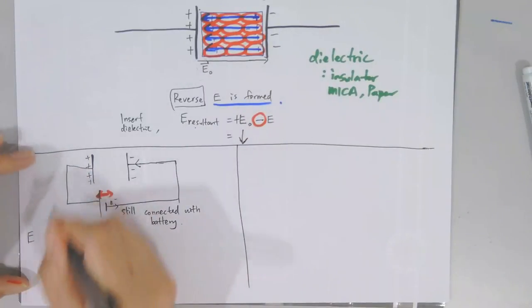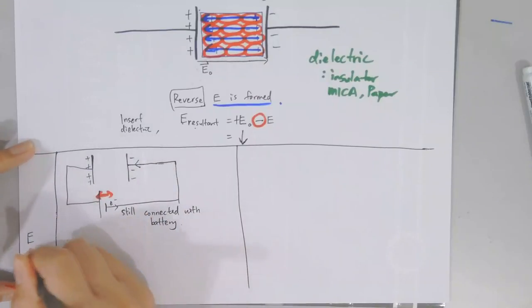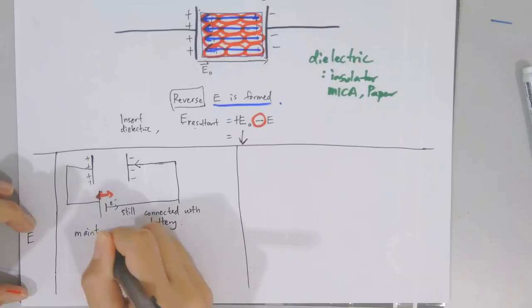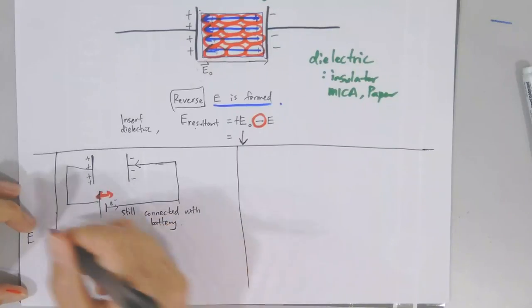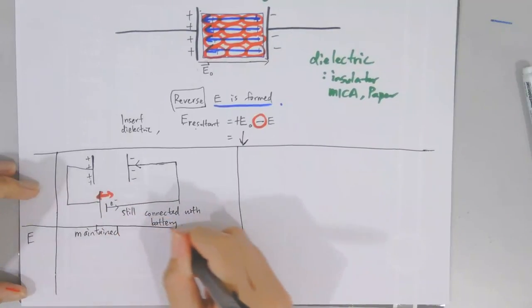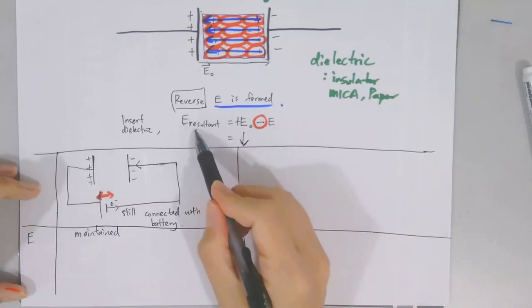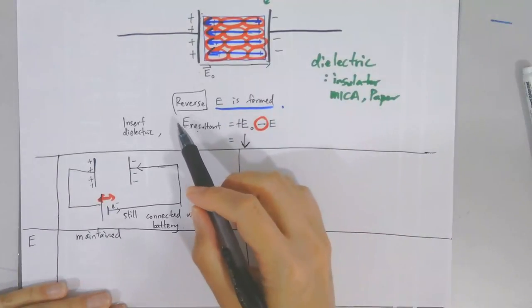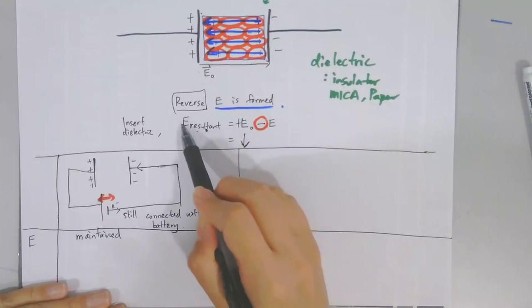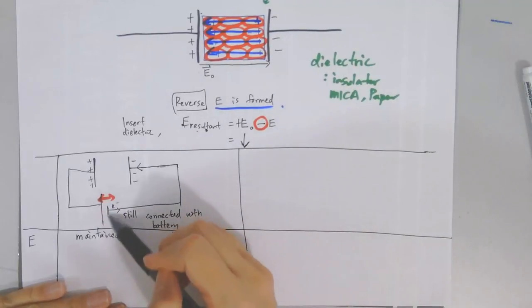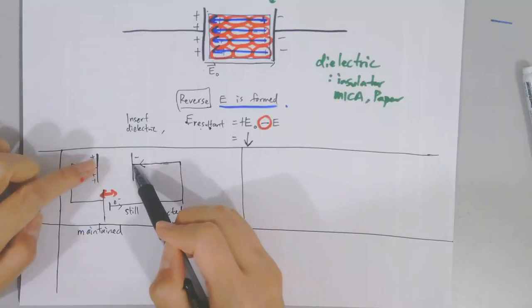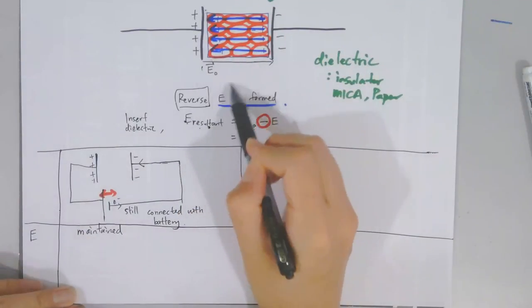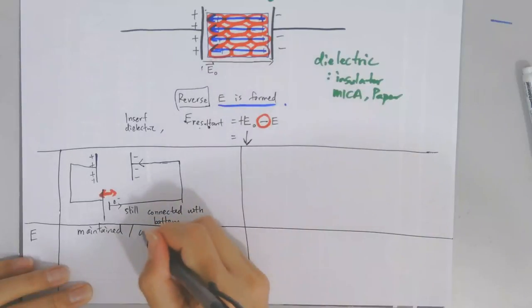Jadi dari sini you kena berarti, okay, untuk case ini electric field is maintained at the same value walaupun pada awalnya resultant electric field menurun, but the battery can supply back the electric field to its original value. It's maintained, or we say it's constant.